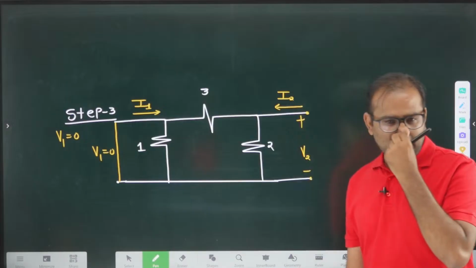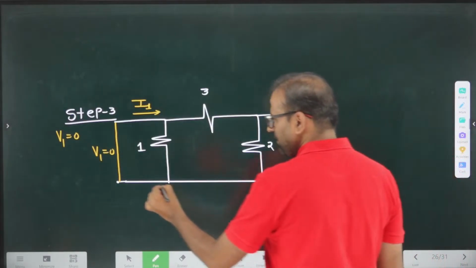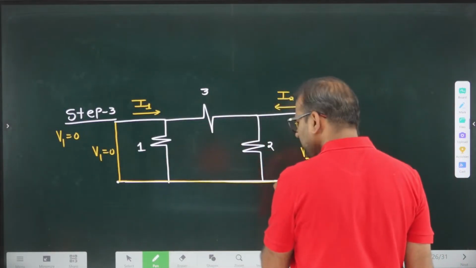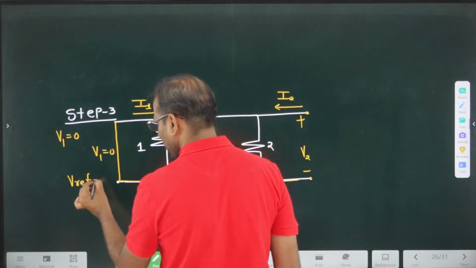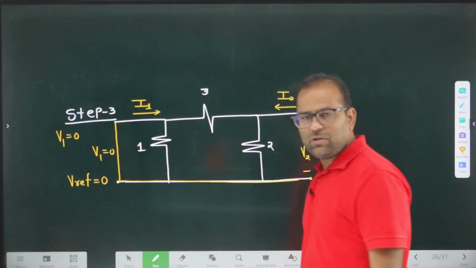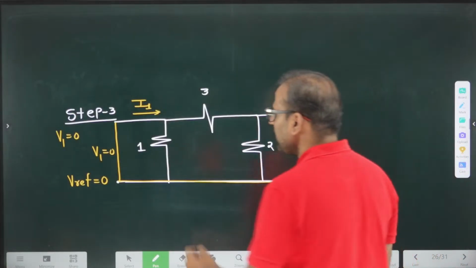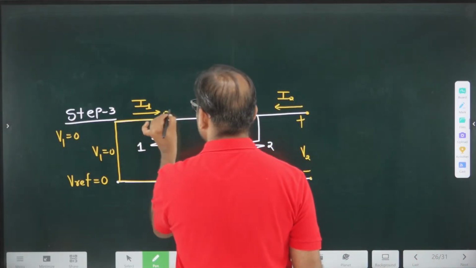Again the same principle. Due to the short circuit, if I am taking my reference voltage as 0 volt, if this value is 0 volt, can I say this value is also 0 volt?